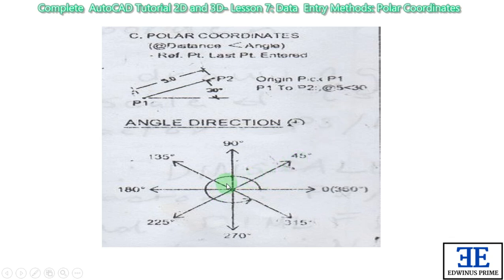We don't use a negative distance just like in relative coordinates, because we will use the angle. If it is going to the left, that is at 180, going down, and so on and so forth, we will indicate it in terms of angle.